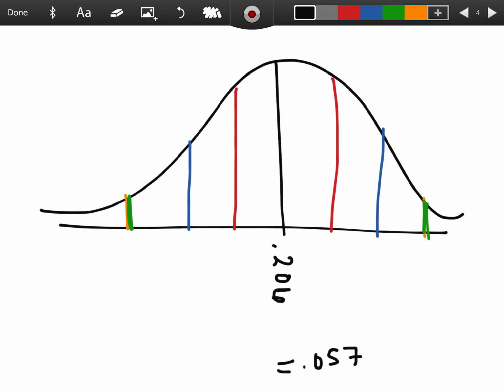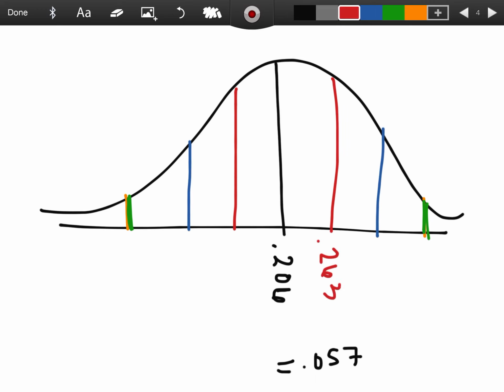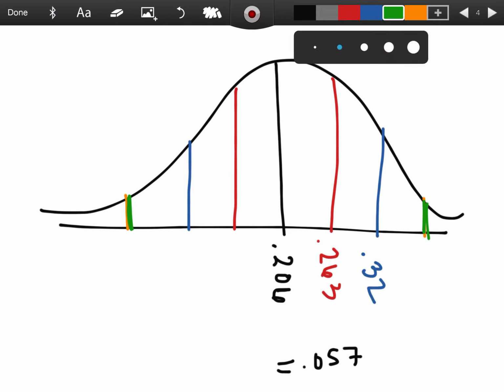So take your 0.206 and add 0.057. That gets me 0.263. Add in another 0.057, and that number right here is going to be 0.32. And then add in another 0.057, and my green value here, 3 standard deviations above the mean, is 0.377.